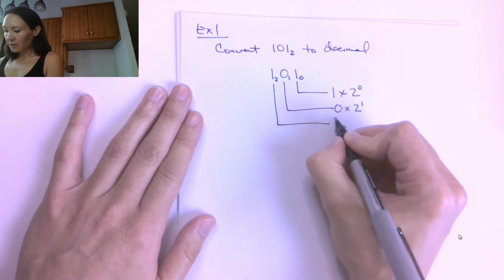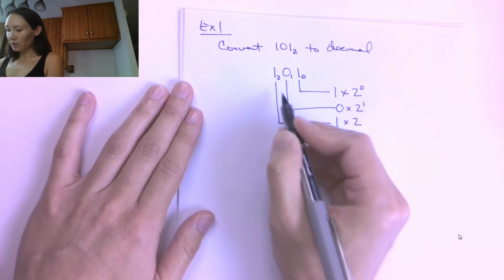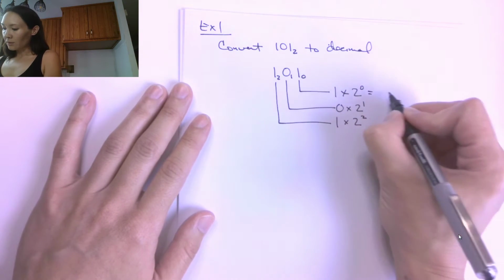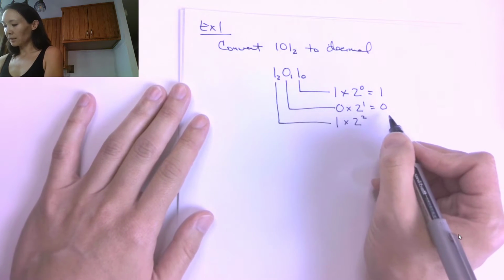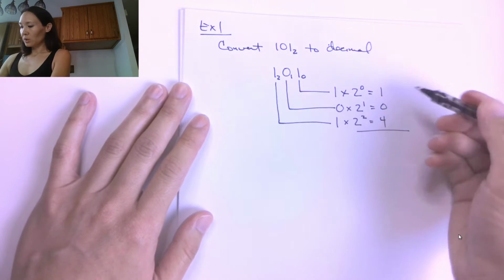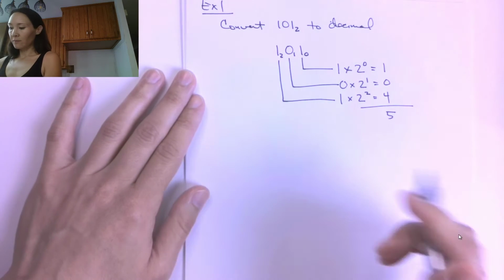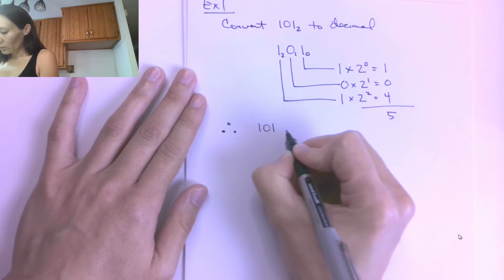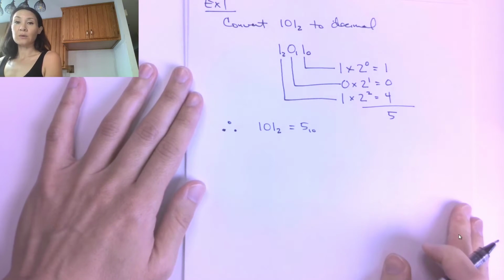And then lastly, this 1 in the most significant bit position gets multiplied by 2 raised to the second power. All right, so this gives us 1, this gives us 0 because 0 times anything is 0, and this gives us 4. So our last step is we just add up all these products straight down and we get 5. So therefore, 101 in binary is equal to 5 in decimal.